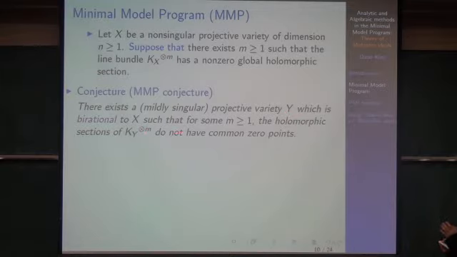Its m-th tensor power does not have any common 0 points. So as defined previously, this m-th power of K_Y is base point free. So it's defining a map from Y to another variety. K_Y having this property is very nice. In general, we cannot expect the same property for X. That is why we need this birational model Y of the original variety X.